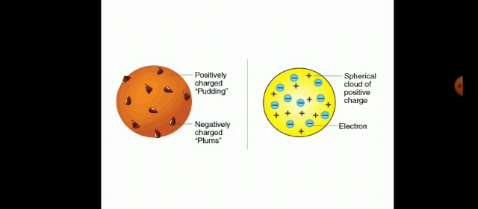Plum pudding or plum cake is a sweet dish prepared during Christmas, and in olden times this dish was made in western countries by adding pieces of dried fruit called plum. Nowadays dates or raisins are also used. So the electrons are embedded in the pool of positive charge. This was the model suggested by Sir J.J. Thomson.